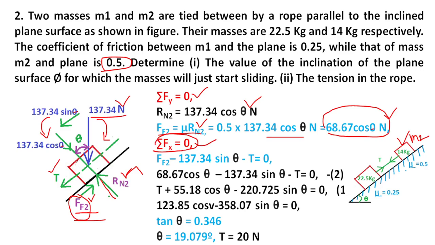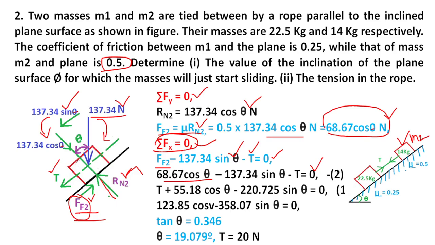F2 is a forward force, positive, and 137.34 sin theta is backward, so minus. So 68.67 cos theta minus 137.34 sin theta minus T is equal to 0. This is equation 2.